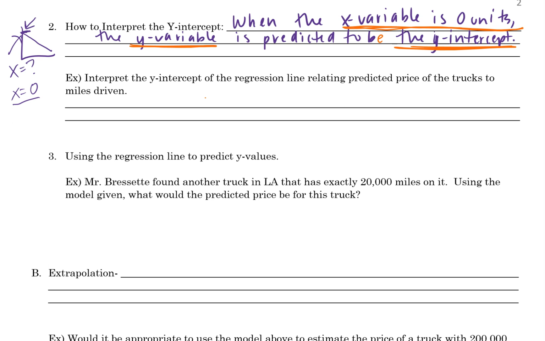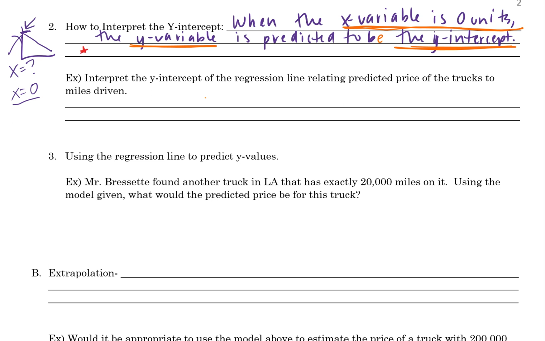Side note here. Sometimes your y-intercept is actually not going to be a value that makes sense. So even though you're going to be asked to interpret the y-intercept, it might not actually make any sense whatsoever in context. The interpretation we're about to do, that y-intercept is going to make perfect sense. But in other problems, the y-intercept might not actually make sense.